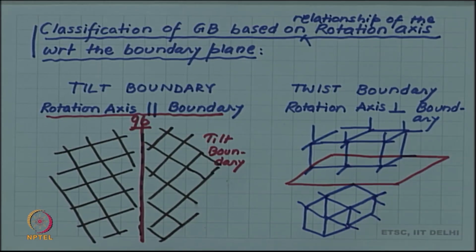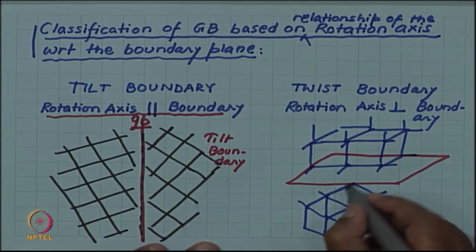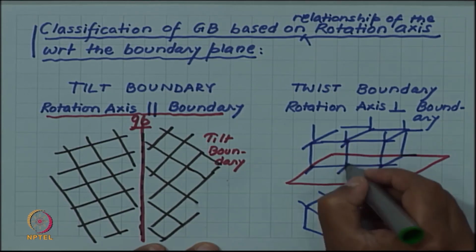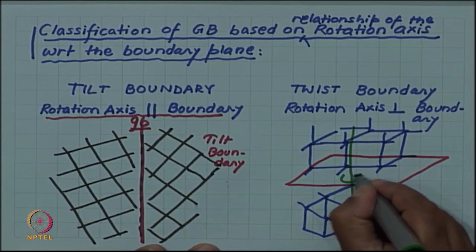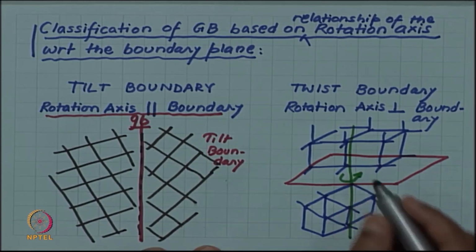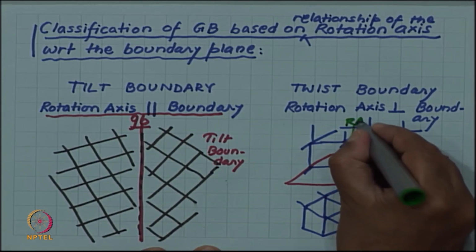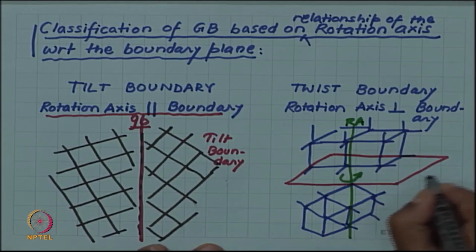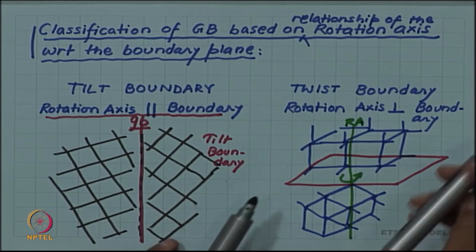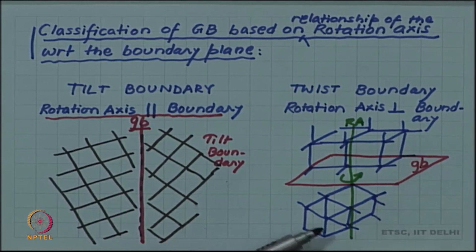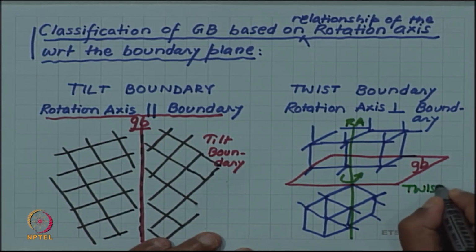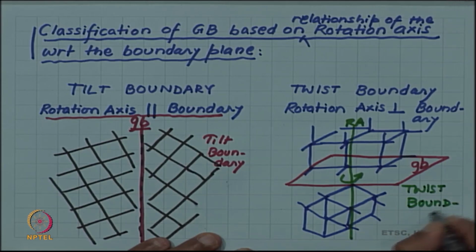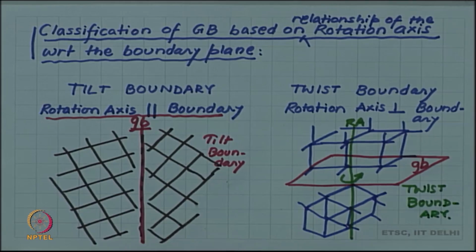So, now you can see that to get this orientation from this orientation, I am rotating about an axis which is vertical. So, this rotation axis is perpendicular to the grain boundary plane. So, this grain boundary then will be classified as a twist boundary.